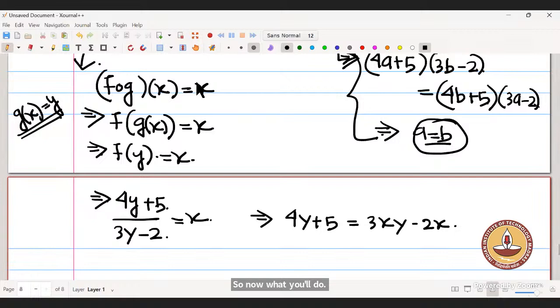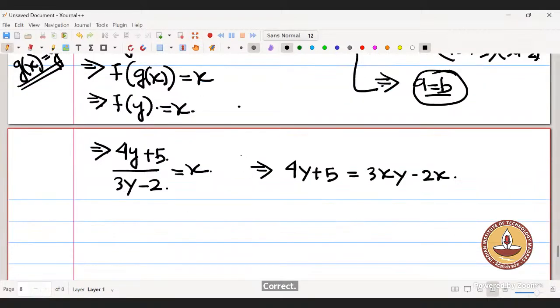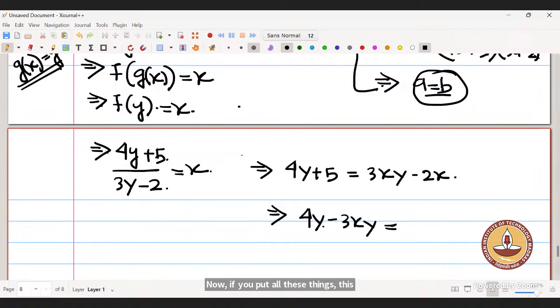Now, if you put all these y terms on the left, what will you get?